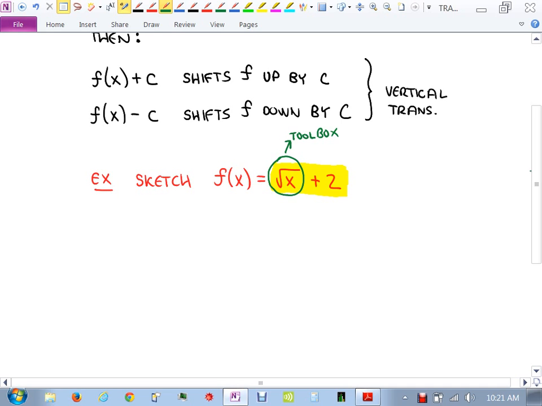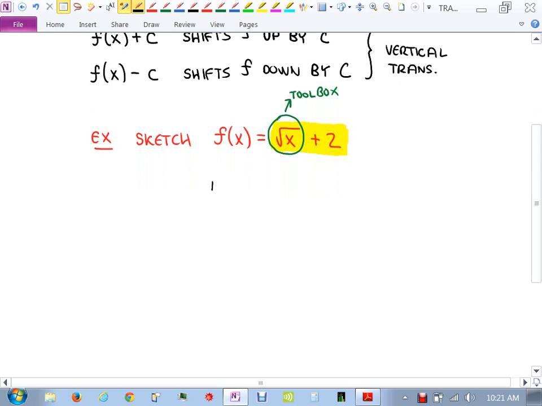So here's how I'm going to do this. I'm going to take a graph, and in very light pencil, do a dashed line version of what my toolbox looked like. That's what the square root of x looks like, toolbox-wise.